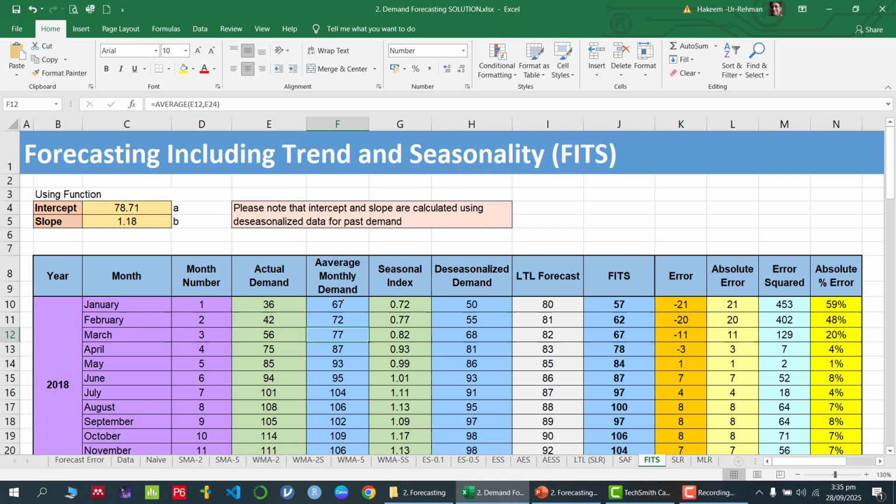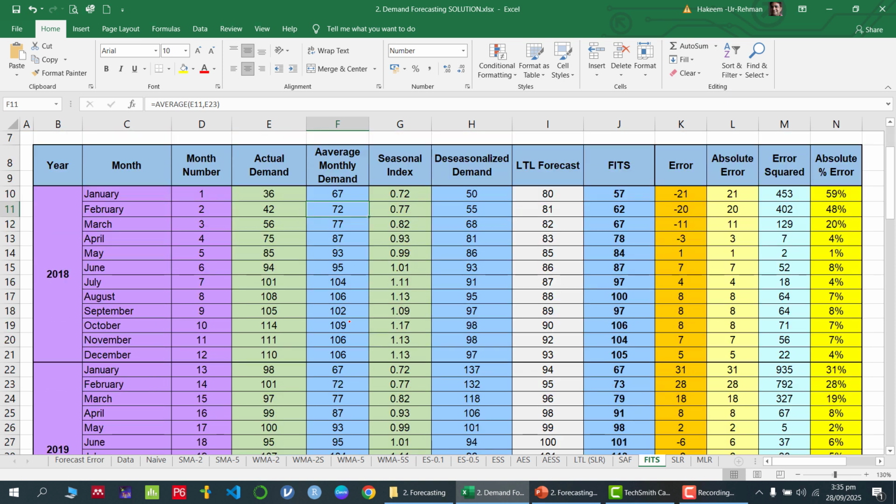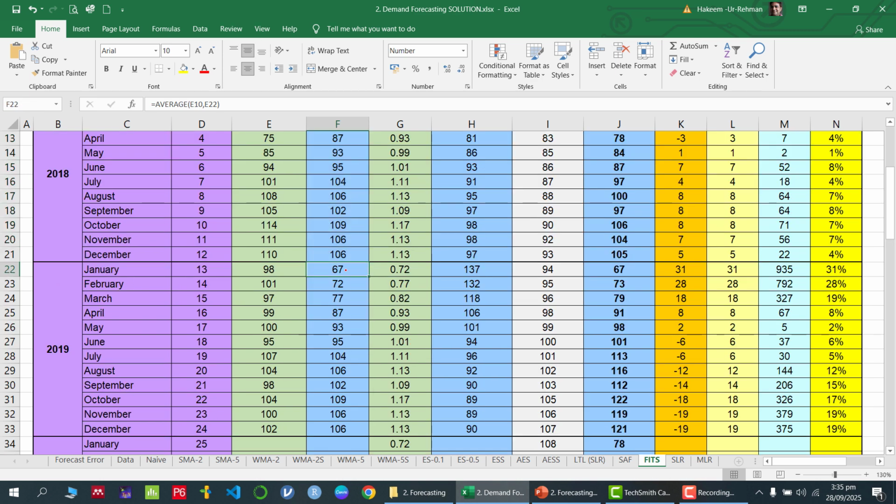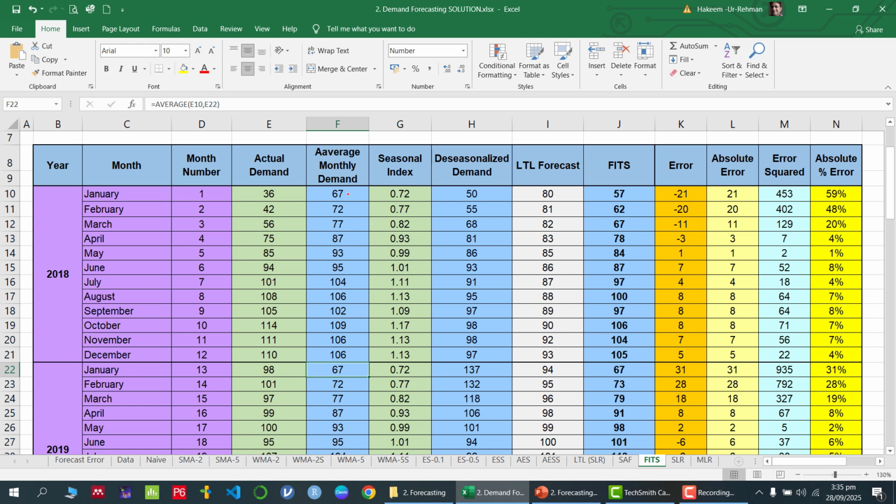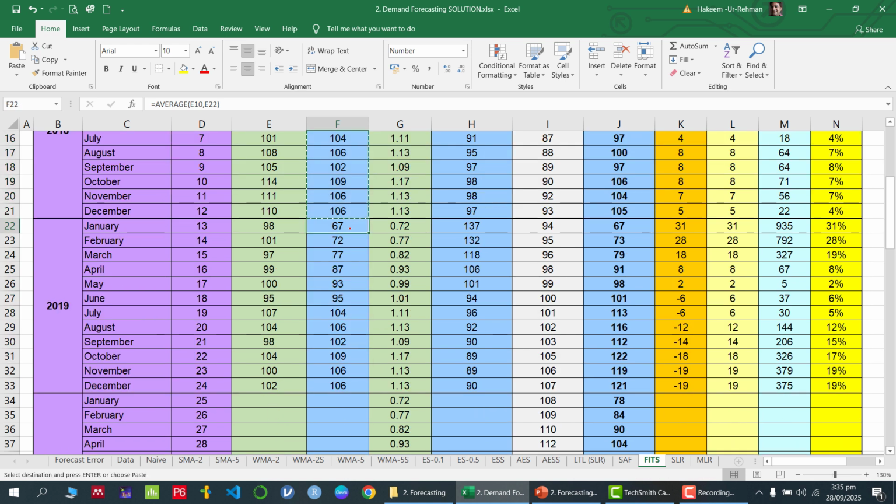Once we have calculated this, remember that these values are going to be the same over here as well. So you can simply copy and paste it.